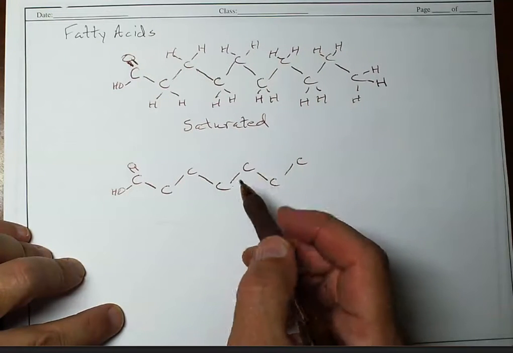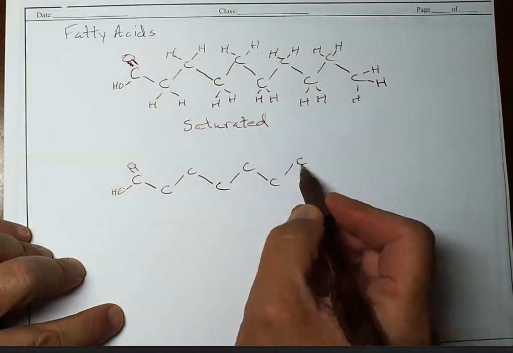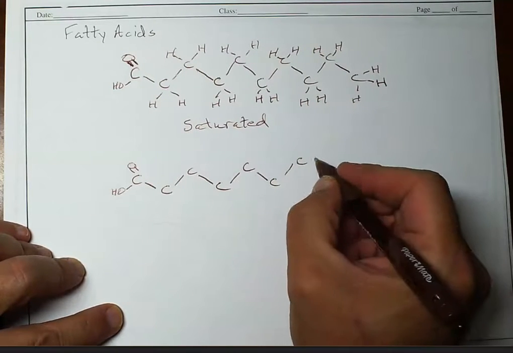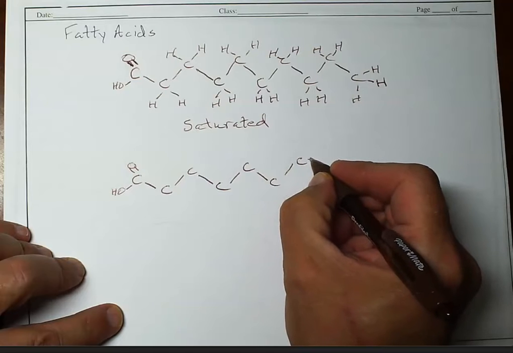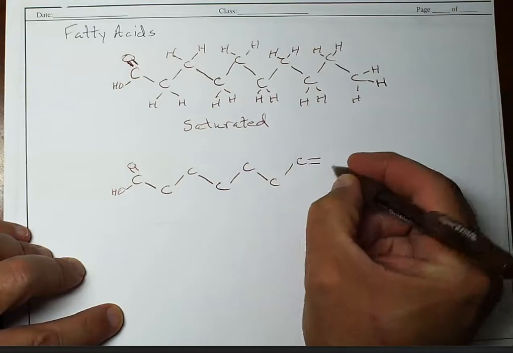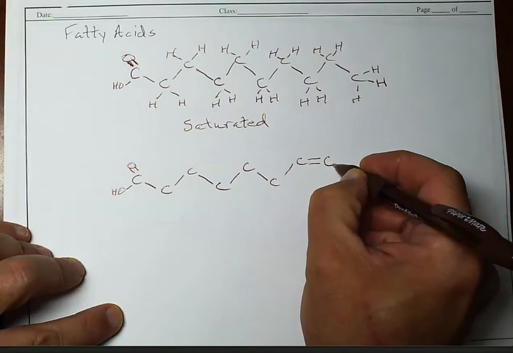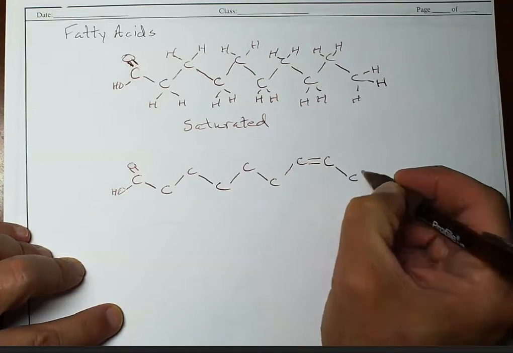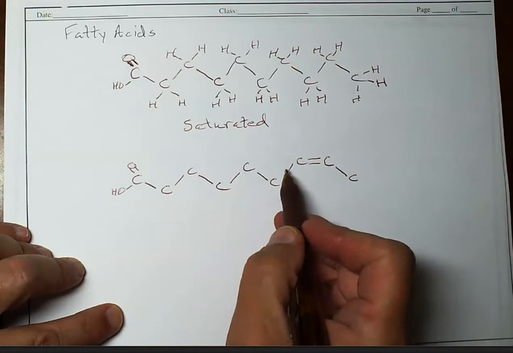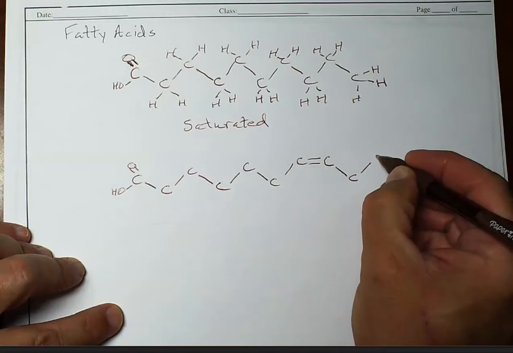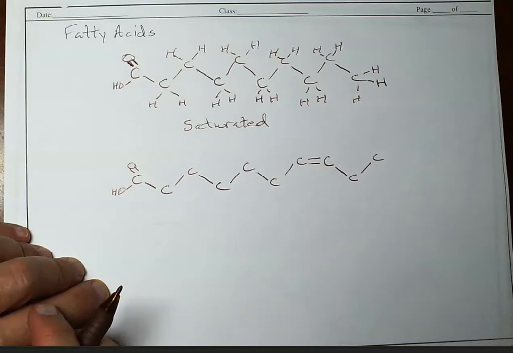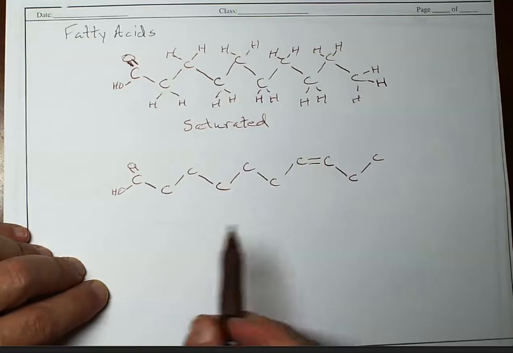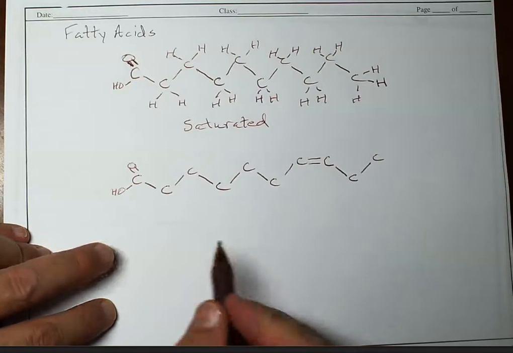All right, so I have 1, 2, 3, 4, 5, 6, 7 carbons so far. What I'm going to do, again, this is kind of arbitrary that I'm choosing to put it here, but I'm going to put a double bond here at this carbon. So I've got 1, 2, 3, 4, 5, 6, 7, 8, 9, and there's carbon number 10. Okay, so again, let's go through this and figure out how many hydrogens are needed.